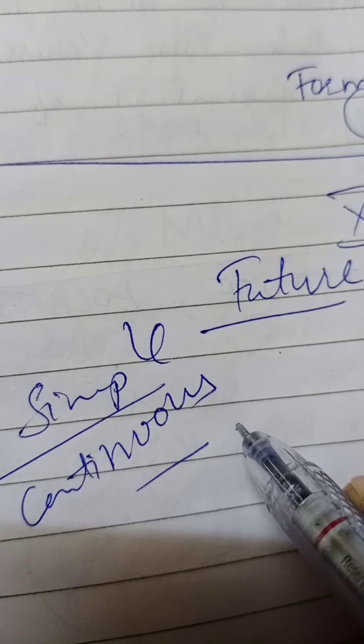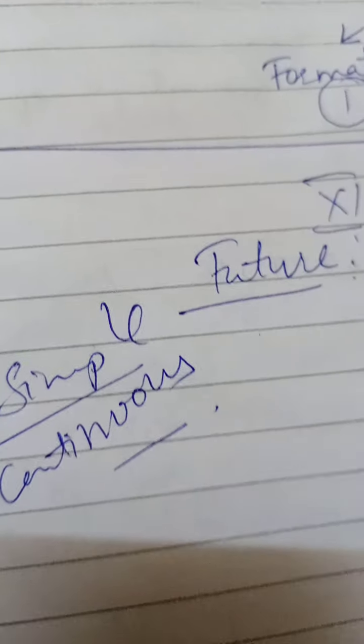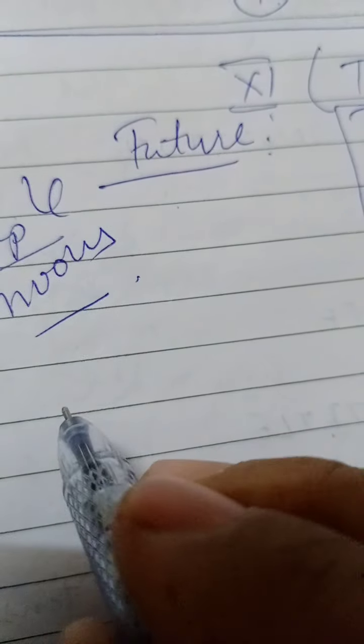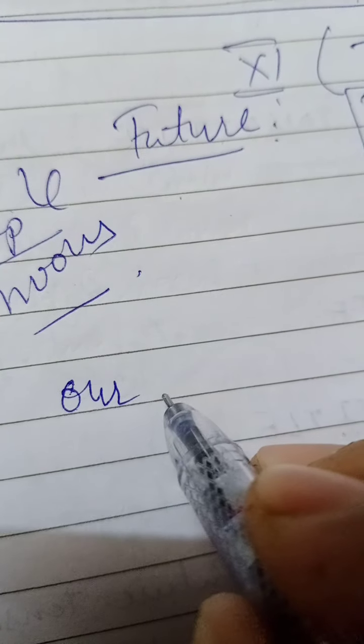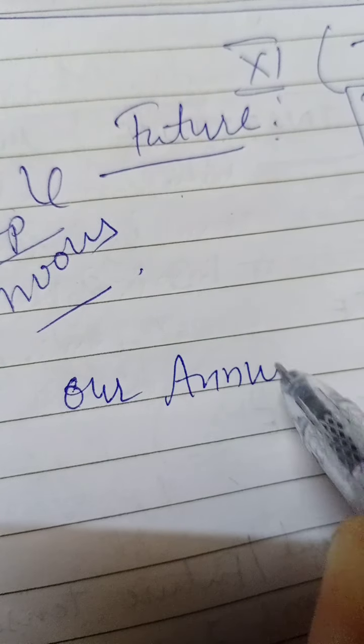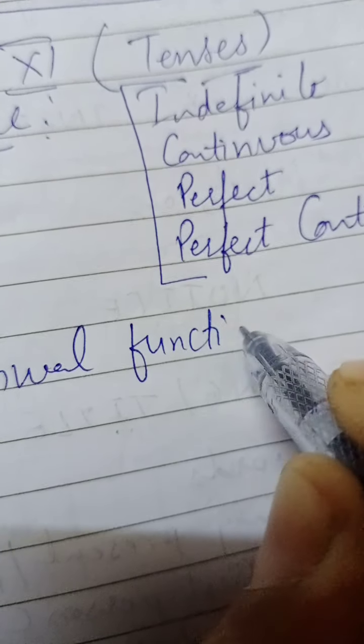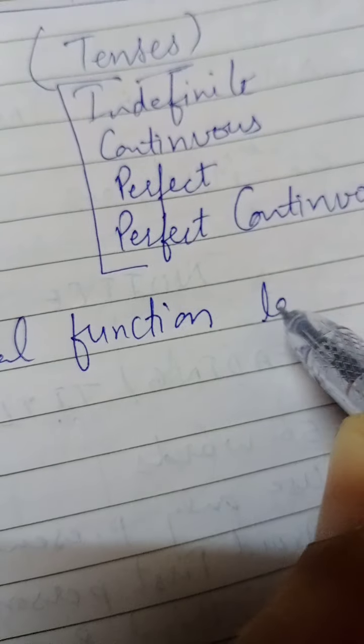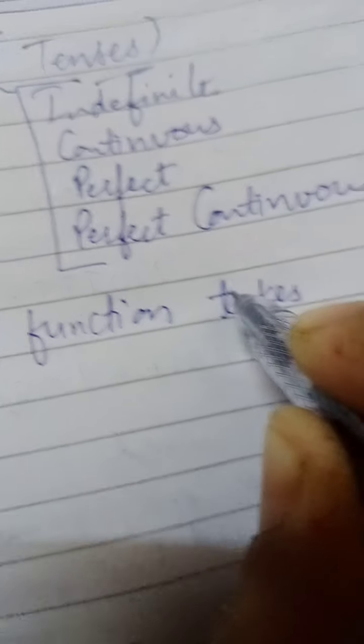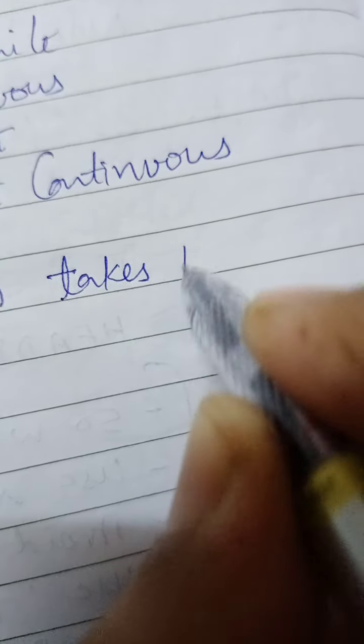In simple present we have used, for example, "Our annual function takes place on 20th of this month."